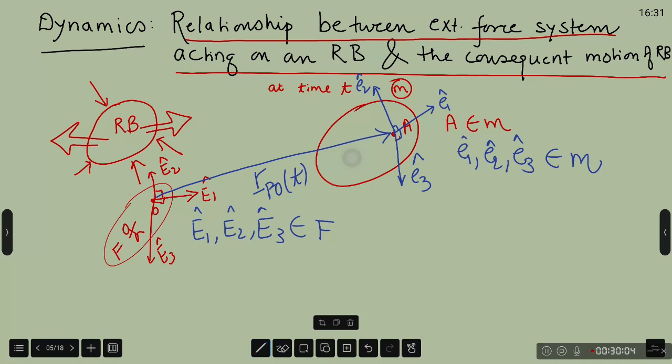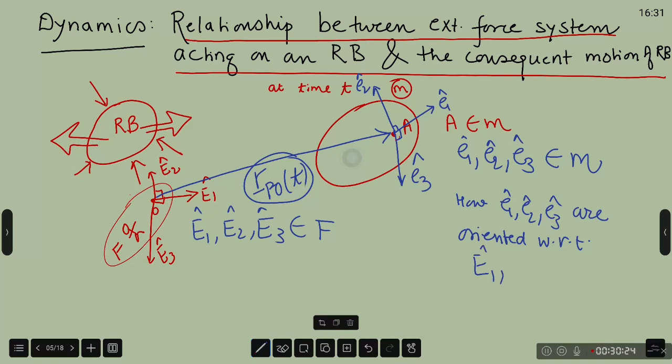So beside this RPOT, I want to know how e1, e2, e3 are oriented with respect to big E1, big E2, big E3 at time t.